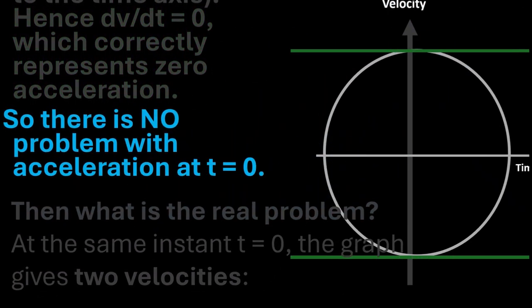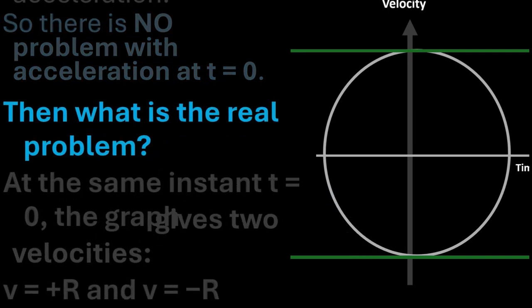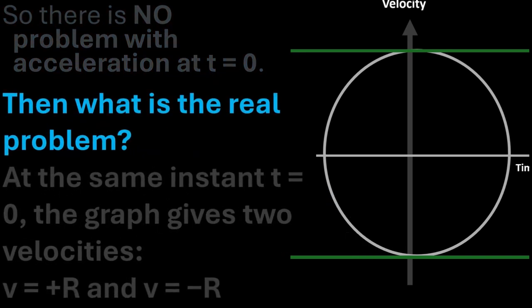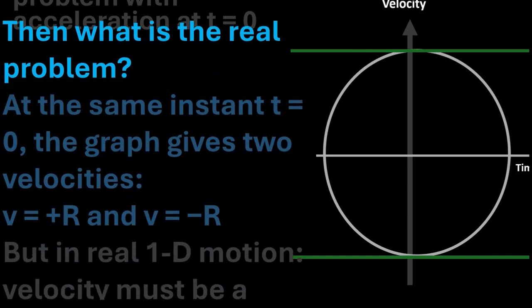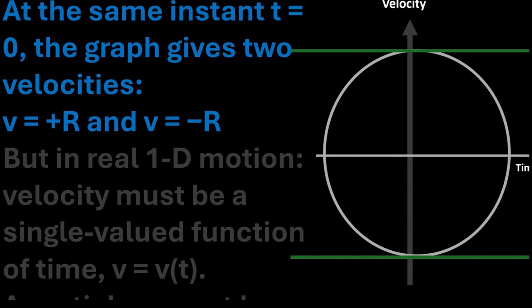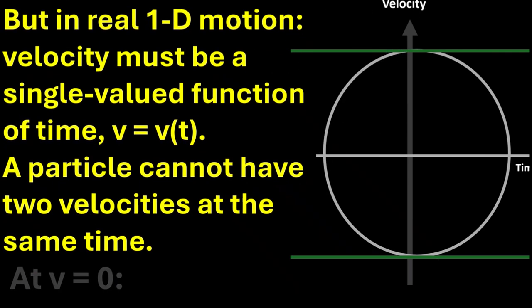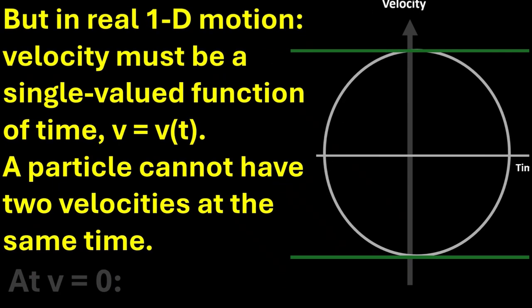Then what is the actual issue here? The actual problem is that at time t is equal to 0, the graph gives two values, which is positive r and negative r. And for one body to have two velocities at the same instant of time is practically not possible.